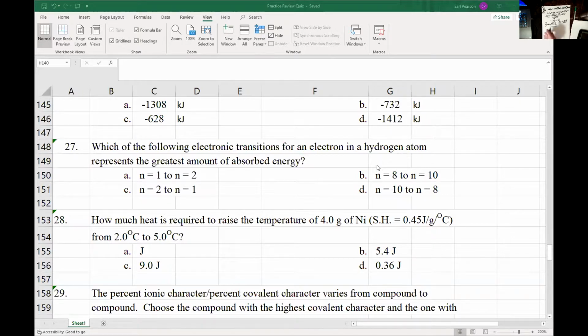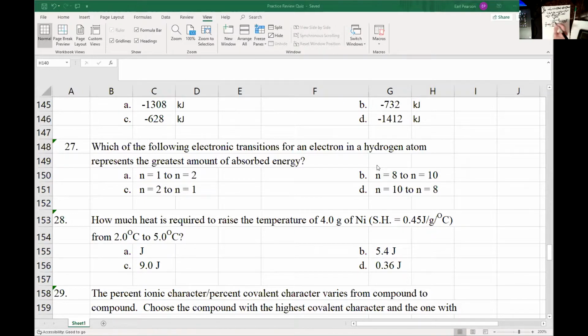Now, you remember the picture I had over here, the energy levels get closer together as you go up. The biggest gap of the whole bunch by far is the first one, from 1 to 2. So going from 1 to 2 is going to take a lot more energy than going from number 8 to number 10.